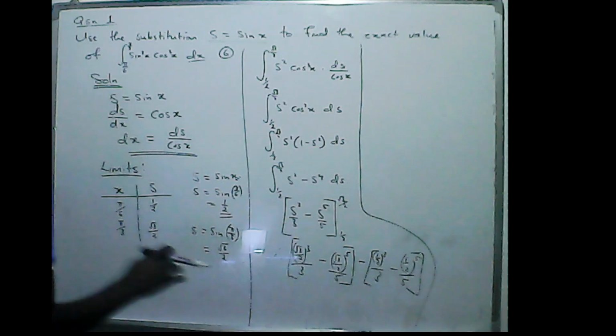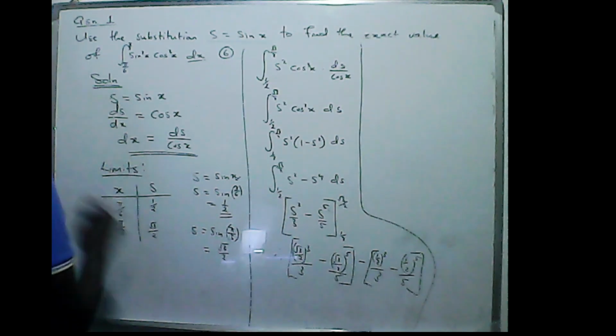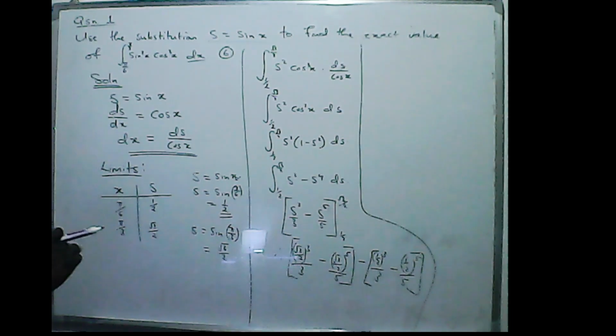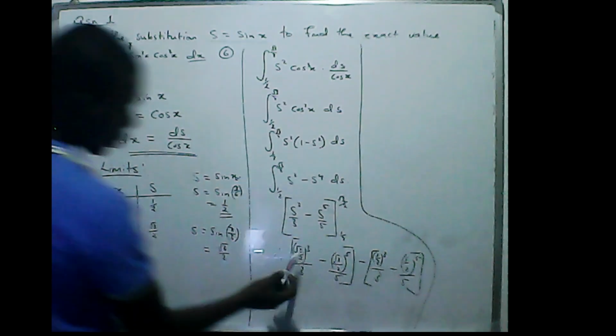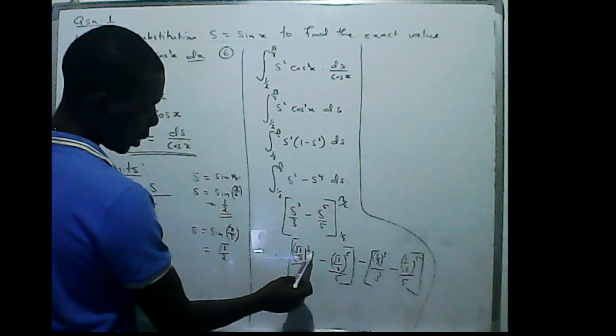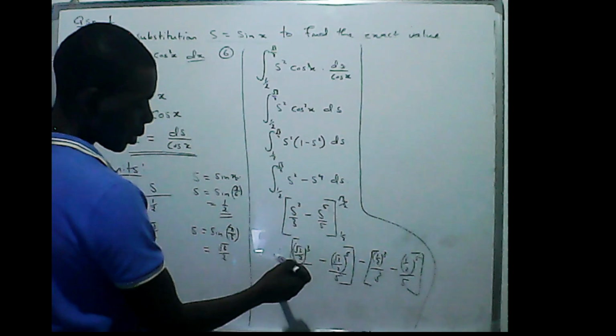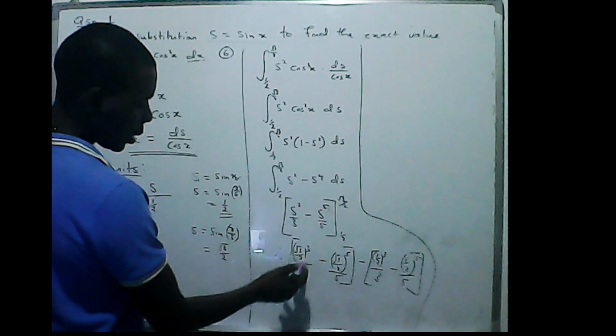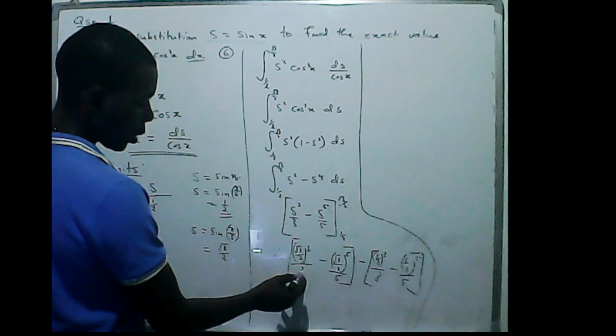Instead of using a calculator, we leave the answer in surd form. Root 3 cubed, root 3 squared gives us 3, so that will be 3 root 3, and 2 cubed is 8, times 3, that's 24.